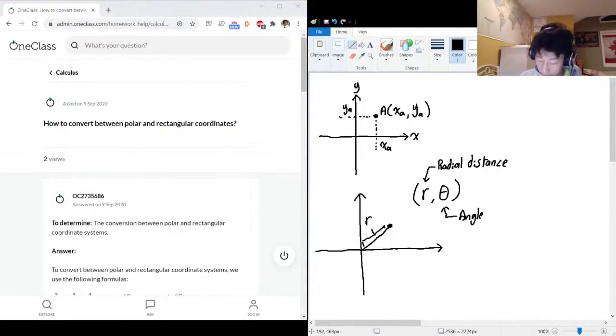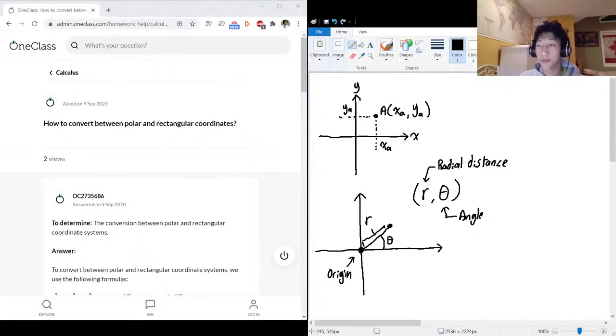That's the radial distance away from the origin. So I'll just draw that out. Origin, like where we originate from. That's a nice way to remember that. So we have our r, our distance away from our origin. And then we have the angle that it makes, which is theta.